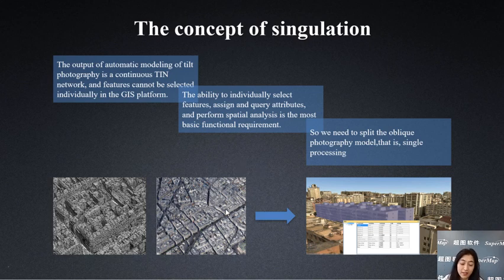It has been called a vast application for many years. So, how to realize the singulation of the oblique photographic model and support GIS operations such as building selection, attribute query, or spatial query, and the production of semantic maps has become a hot topic in 3D GIS research.